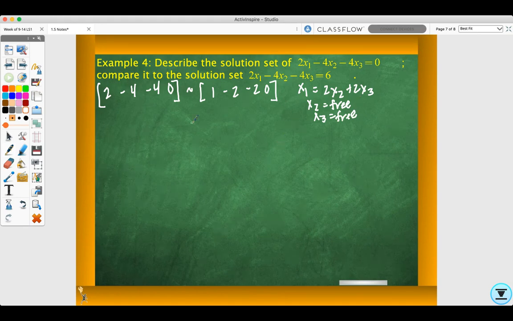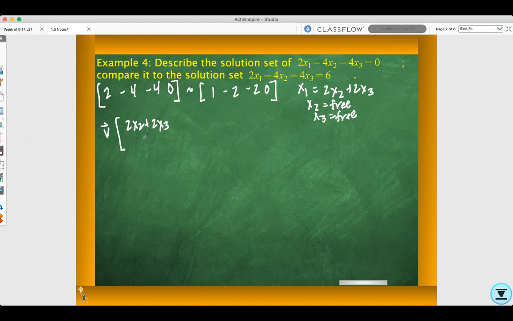So if I were to put this in the form of V, I would have V would be 2x2 plus 2x3, and then x2 and x3 because they're free.